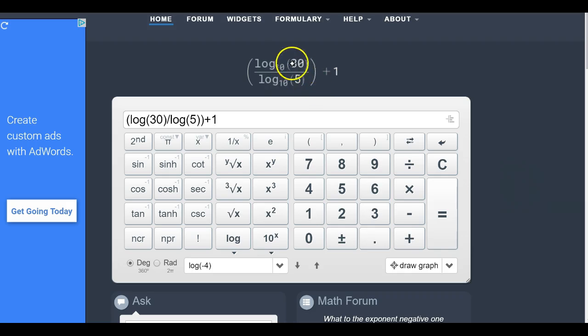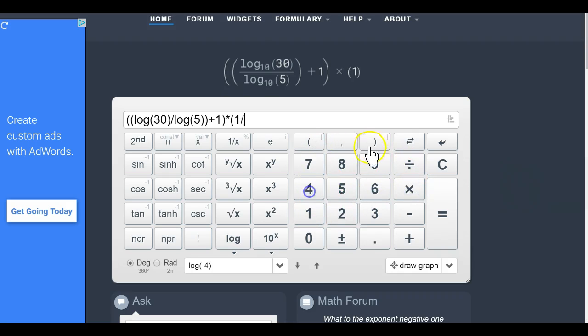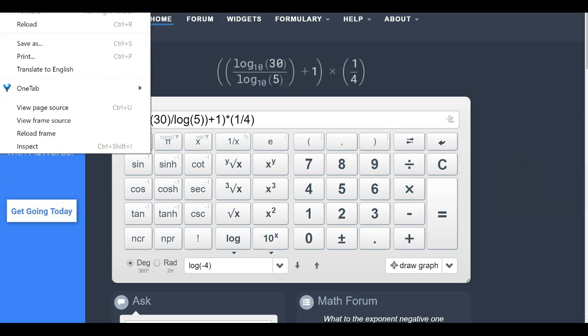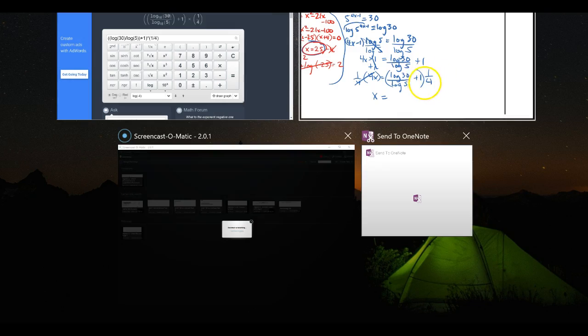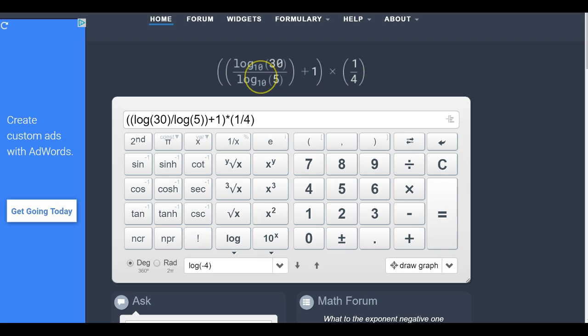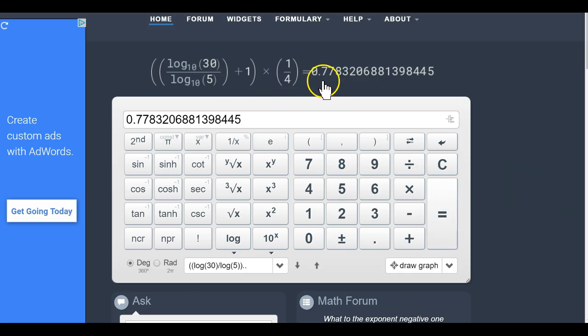And you can see what we're doing up here at the top. I'm going to put parentheses around that, because then I'm going to multiply everything times 1/4. Okay, so as you can see, I have the same thing that I have on the other page. I have here log of 30 divided by log of 5 plus 1 times 1/4, which is doing the same thing as dividing by 4.